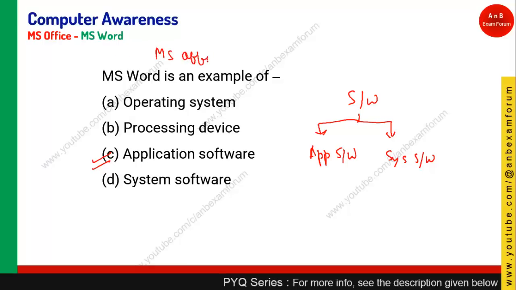MS Office is a suite and it has various applications in it. Suite is the collection of various application software which do different functions. They are primarily used for different applications. So MS Word is basically a word processor. A very simple one.